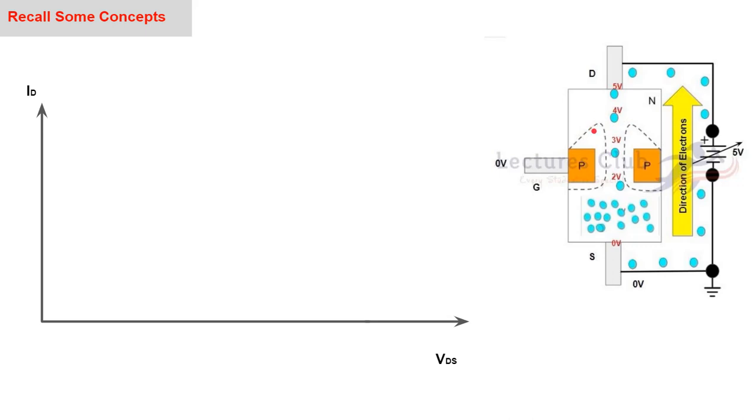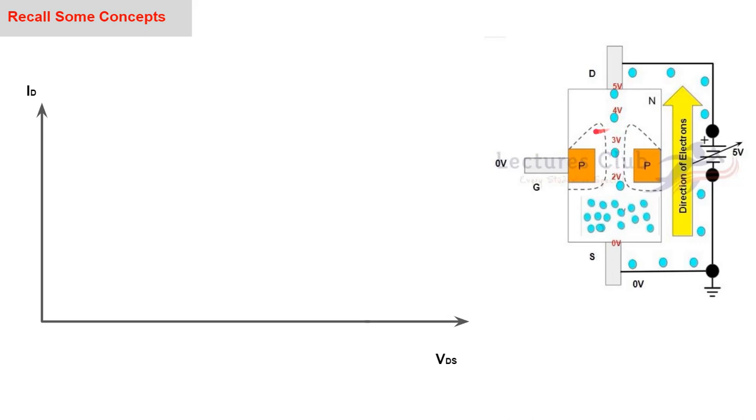When depletion region will increase, depletion region of the right side as well as of the left side, the width of the channel, which is basically between these two p layers, will be affected. Electrons will flow between these two p layers. When depletion region will increase, definitely the path for the flow of electron will be decreased. When the channel for the flow of electron will decrease, then definitely it will impact the drain current.